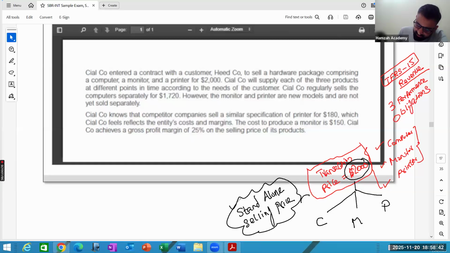And in that case, the stand-alone price is the price which an entity charges for a product if the product is sold separately. That price is known as the stand-alone price. Now, the stand-alone price should be observable.